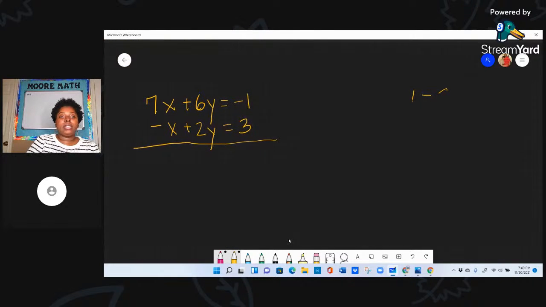Now look at this, because I want you to start figuring out which one is going to be the better one to eliminate. Obviously, we could choose X or Y, but what would help us out a lot?